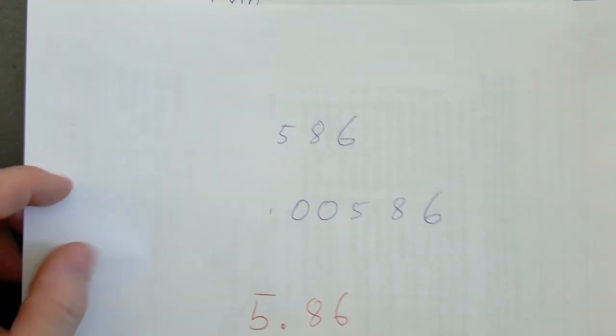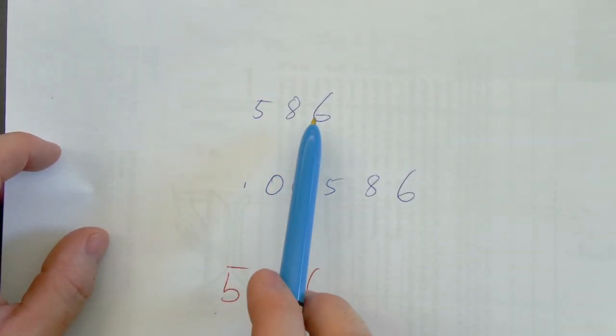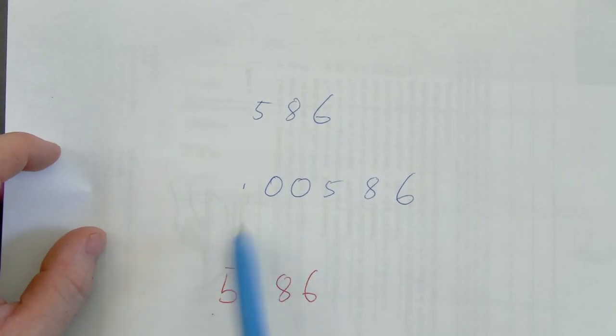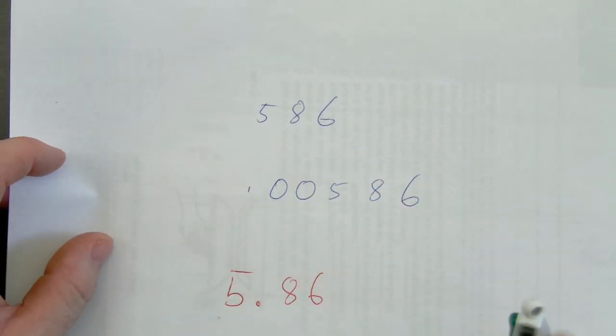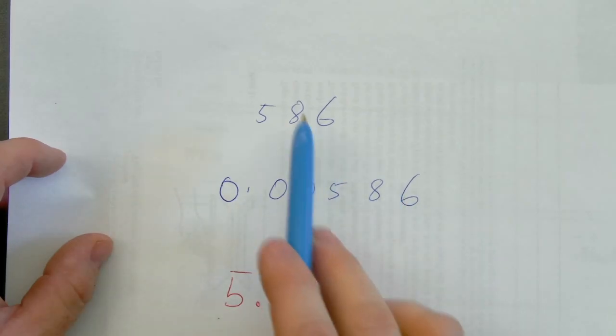One quick note about scientific notation. Say you have the number 586, a pretty big number, and the number 0.00586.